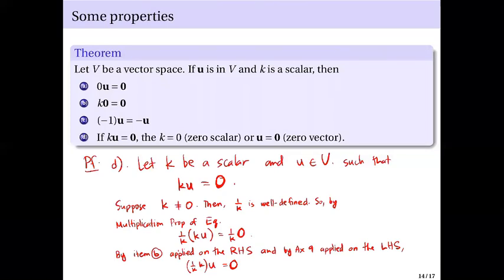But these guys here, these are all real numbers. 1 over k and k, they are both real numbers. One is the reciprocal of the other. We are assuming k is not equal to 0. So we can have 1 over k. But 1 over k times k, that's just 1.